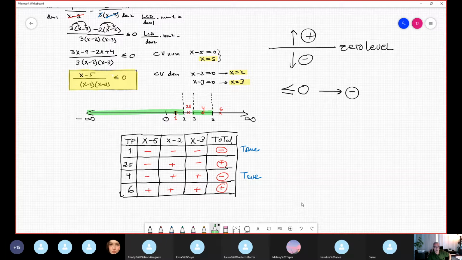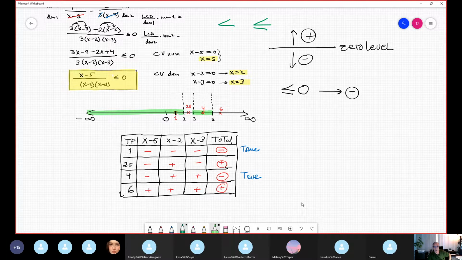Okay, I almost finished. What about the last, the endpoints? Be careful because our inequality is less than or equal, a combination of inequality and equation.